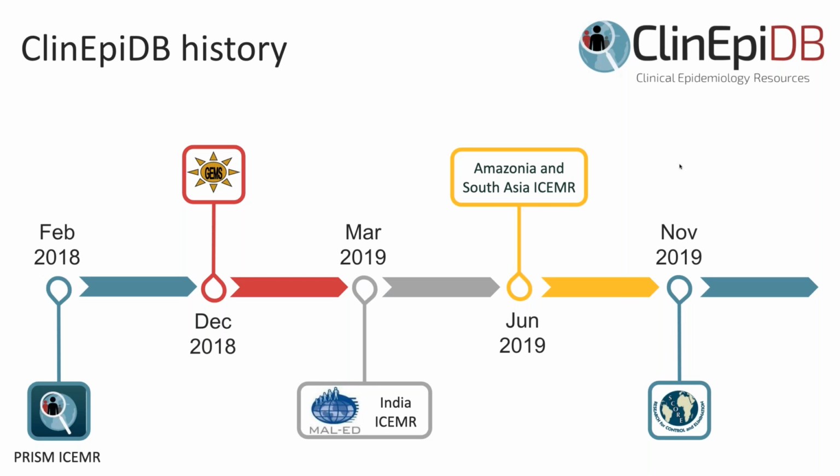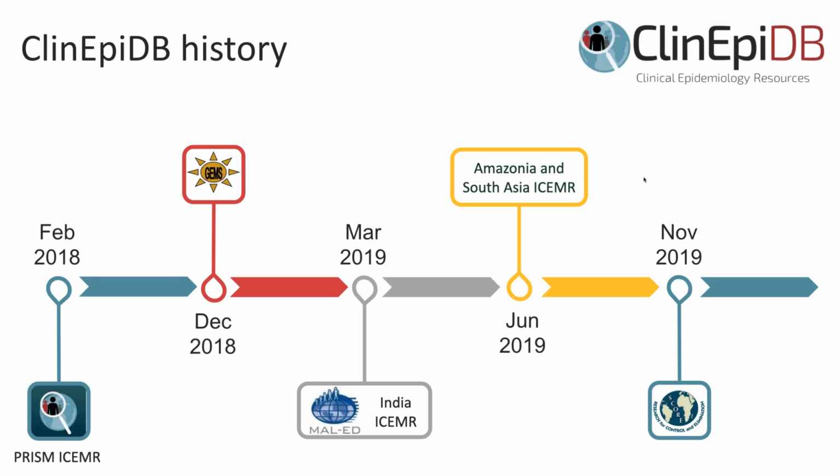In this slide, we're showing the history of ClinEpiDB over time. ClinEpiDB started around 2 years ago. In February of 2018, we released our first data set, which was the PRISM isomer project, a malaria project. Since then, we have integrated and released a number of other studies.